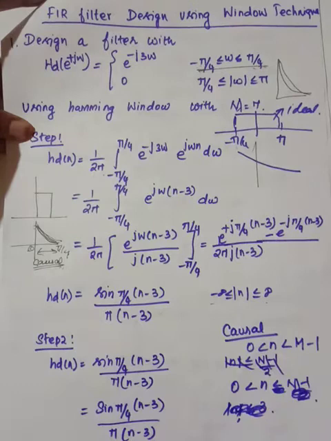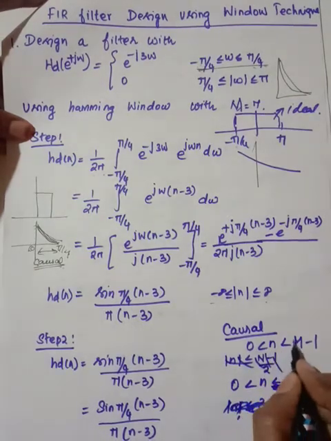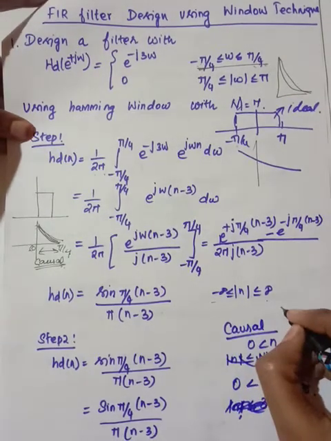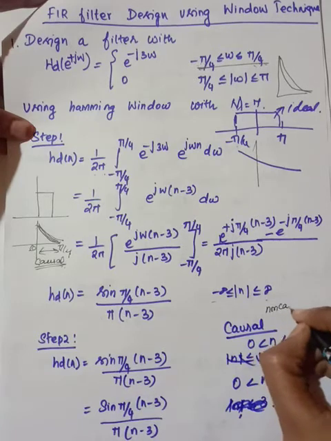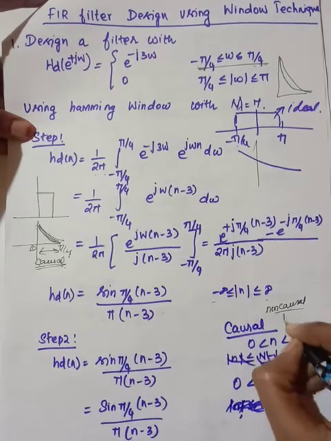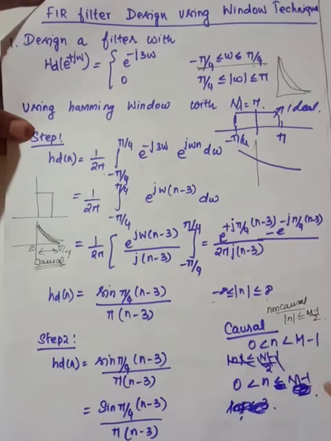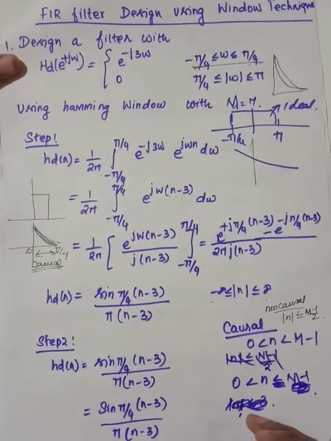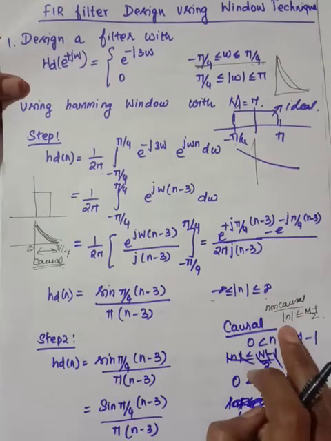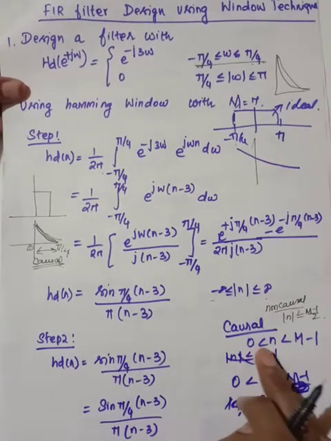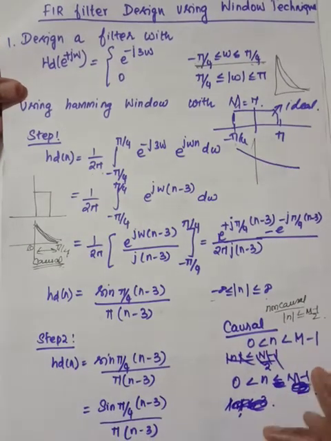Here I am going to select 0 less than or equal to n less than or equal to M minus 1. If it is non-causal, we have to choose mod n less than or equal to (M minus 1) by 2. This is what we choose in case of non-causal. Now it is causal, so I am selecting 0 to M minus 1.